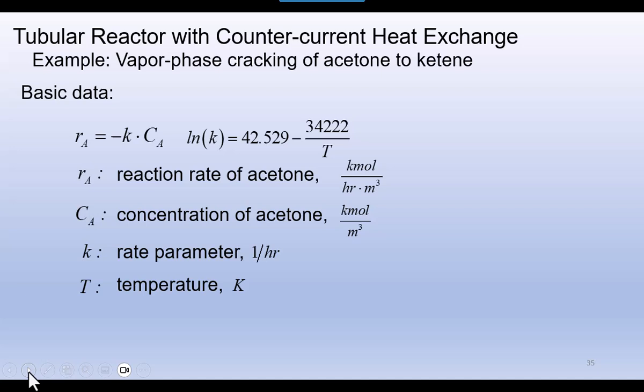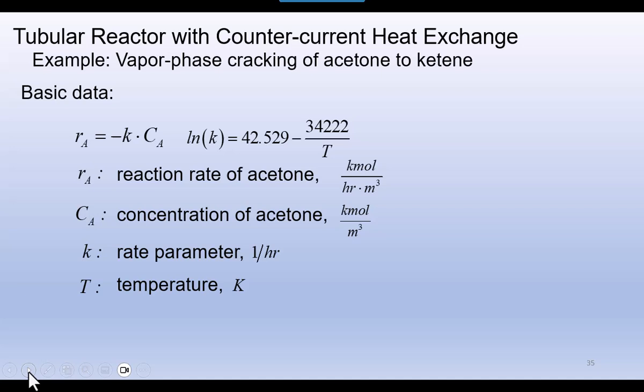And so here we've got the first order kinetics and given a reaction rate here described by the natural log can be converted to standard Arrhenius type expression. And the rate parameter, and here the time scale is in hours.